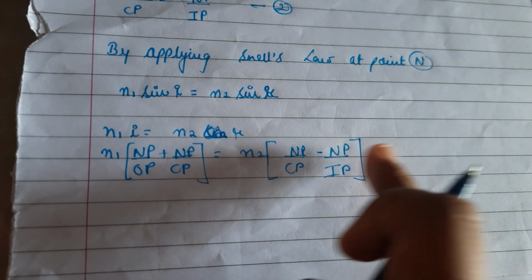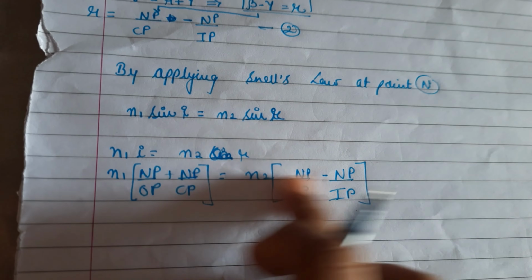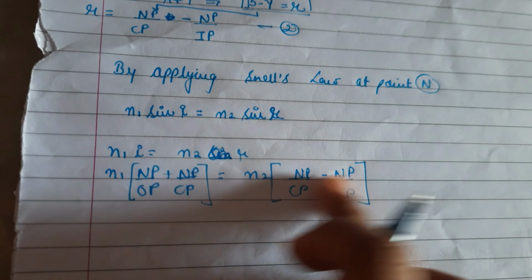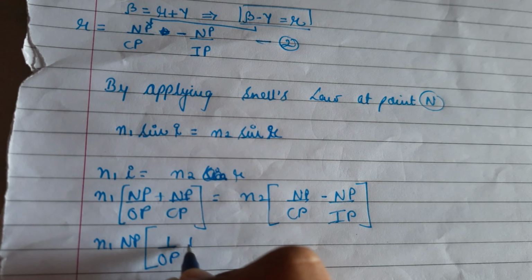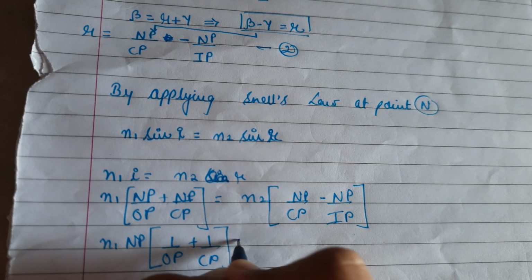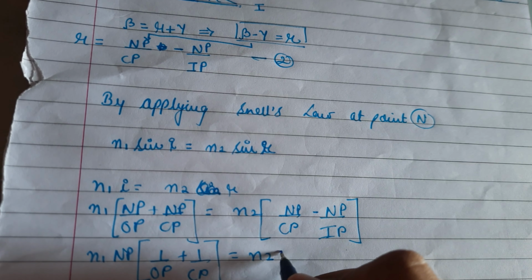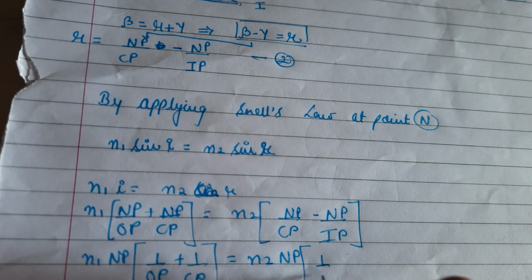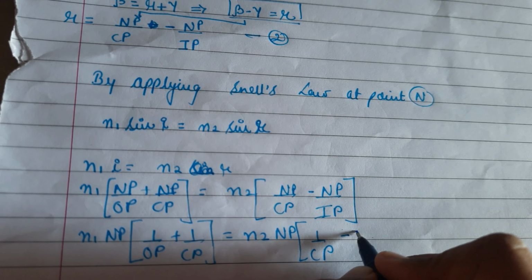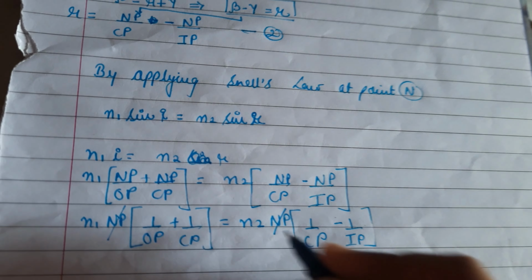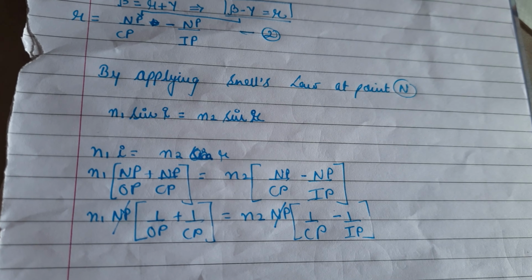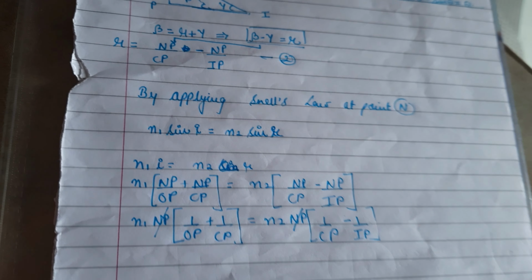As we can see, NP is in all four ratios, so we'll take it out as common. n1 NP times 1 upon OP plus 1 upon CP equals n2 NP, again common, 1 by CP minus 1 by IP. Okay, we'll cancel NP by NP. After that we'll put the values of OP and CP.